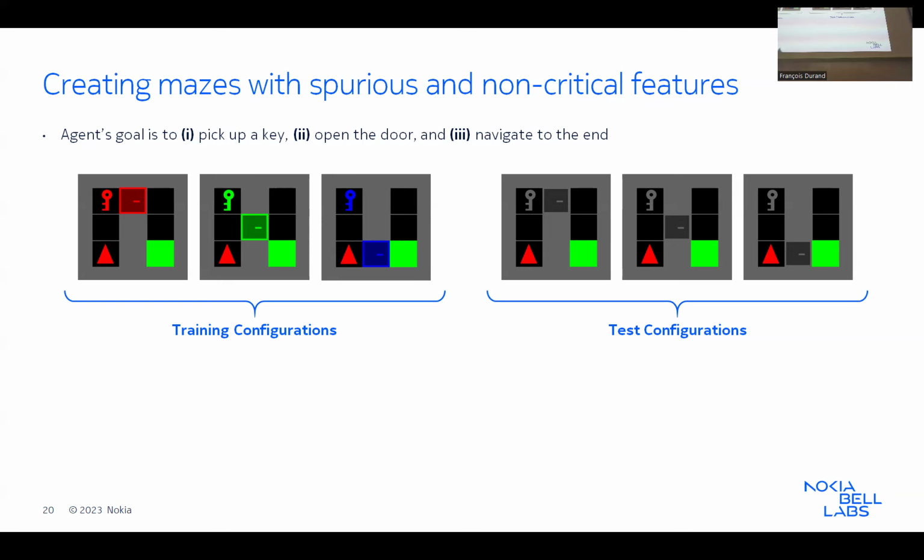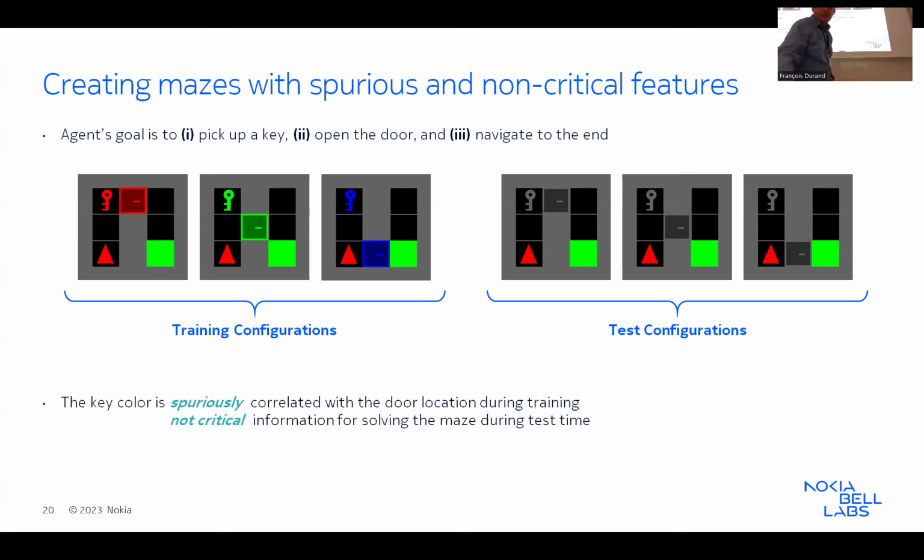But then when we go to our test environment, we take the colors away. The color during the training is spuriously correlated with the door, but it's not actually critical information. We can solve the maze. A human could solve the maze easily without knowing what the colors were.